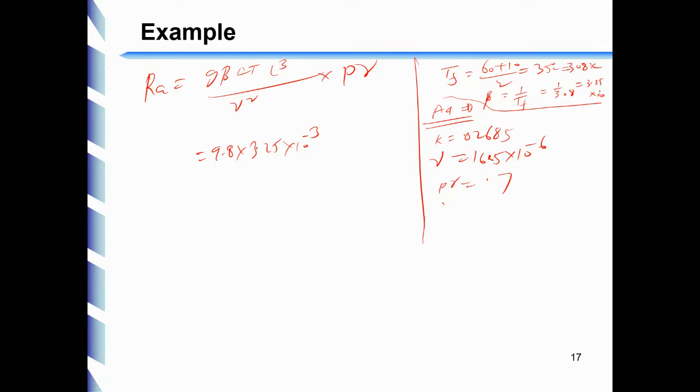Delta T is 60 minus 10, so 50. L means this vertical distance, so 4.